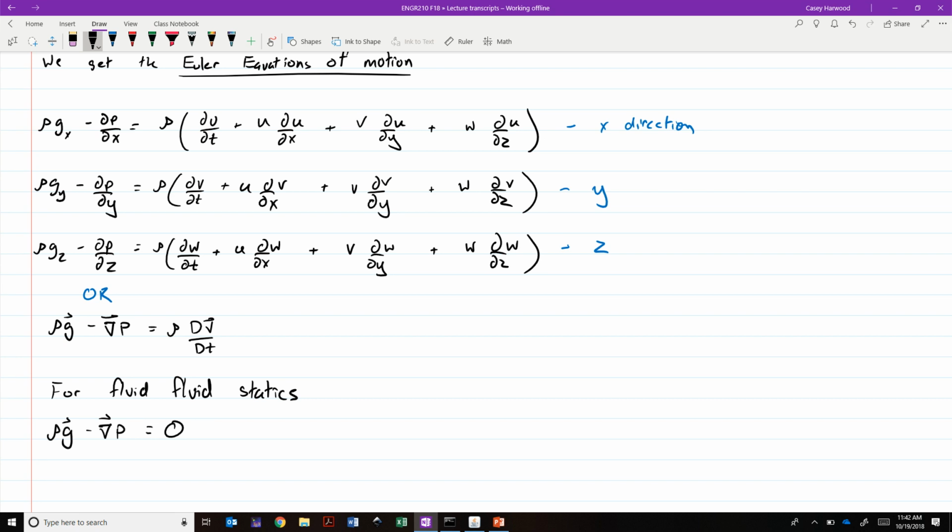So with Euler's equations of motion, we've gotten rid of all the shear stresses, of which there are 1, 2, 3, 4, 5, 6. So we have eliminated 6 of the unknowns by saying that they're 0. That still leaves 6 of our original 12. So we've got 6 unknowns and still only 3 equations to handle them. This is still an extremely complex set of equations.